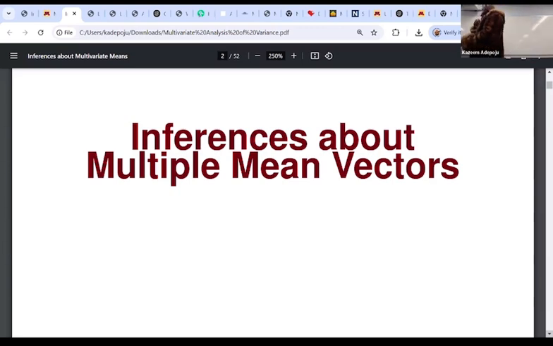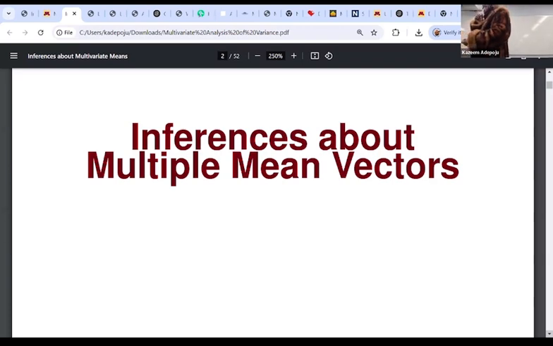I walked you through how to conduct statistical inference on a single vector, where you learned how to construct confidence intervals. Remember, I walked you through different kinds of simultaneous confidence intervals.